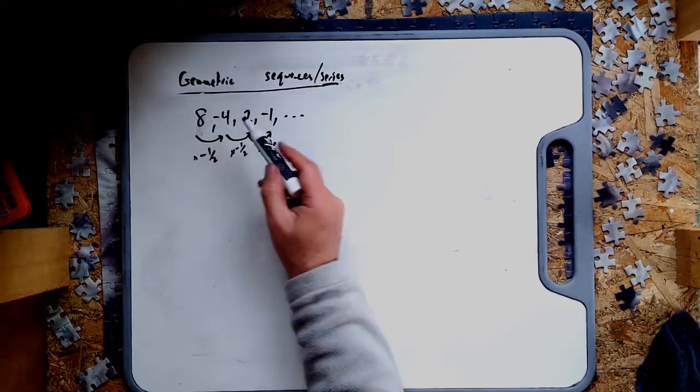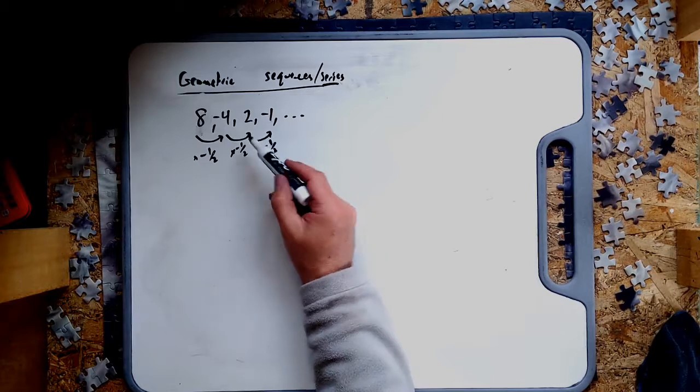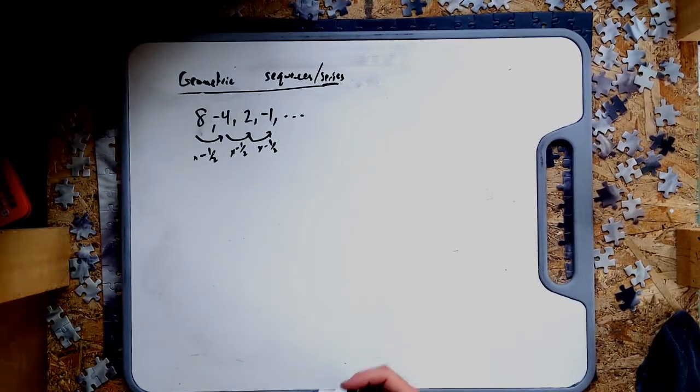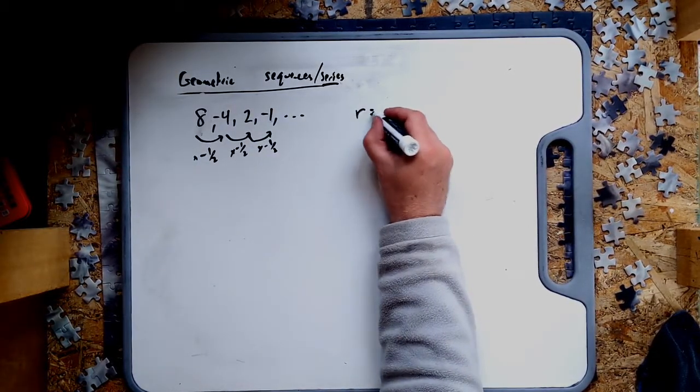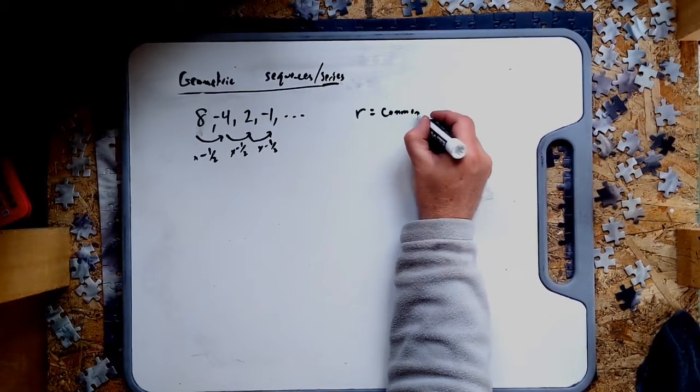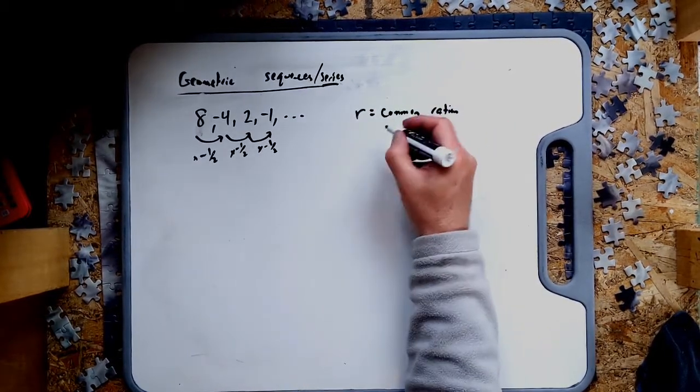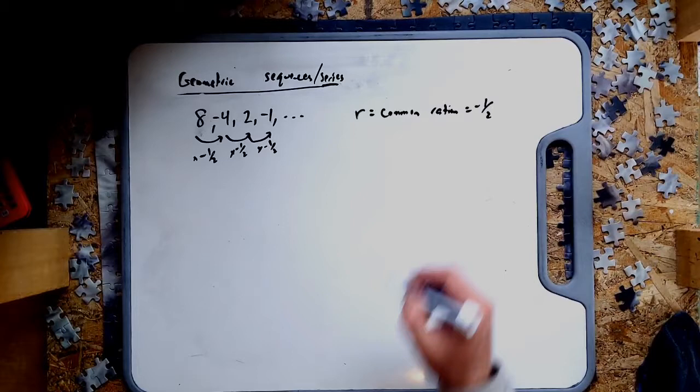So 8 times negative 1/2 is negative 4. Negative 4 times negative 1/2 is 2. 2 times negative 1/2 is negative 1. That is called r, which is the common ratio. In this case, negative 1/2.